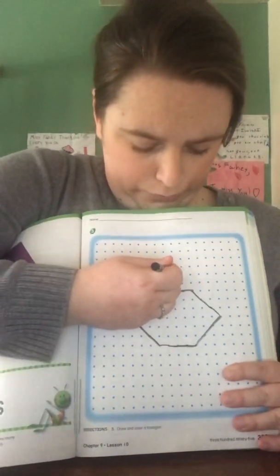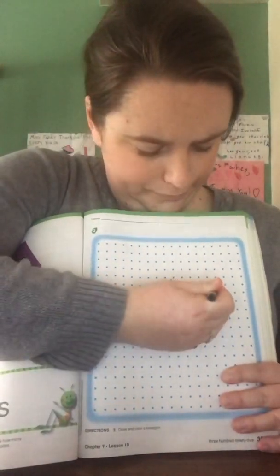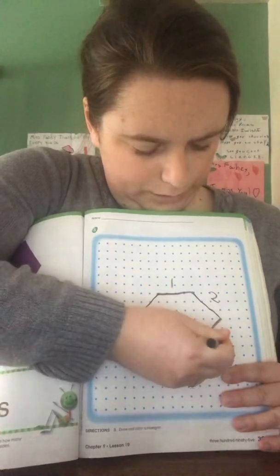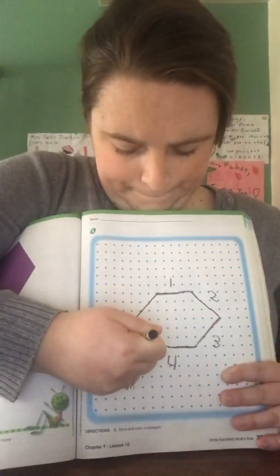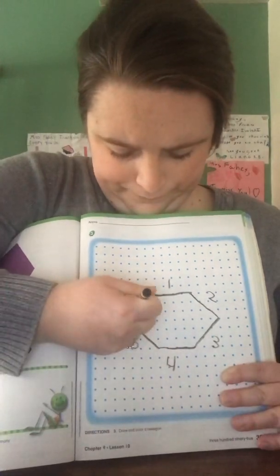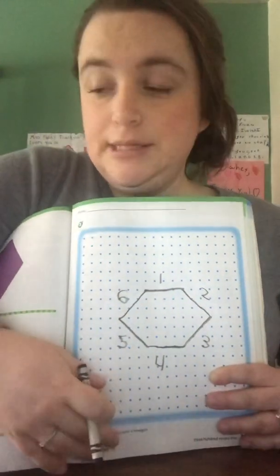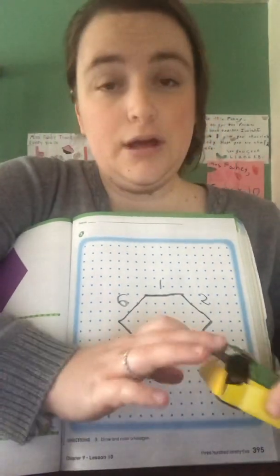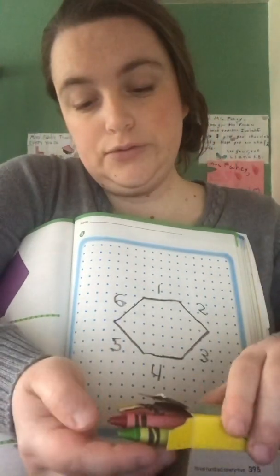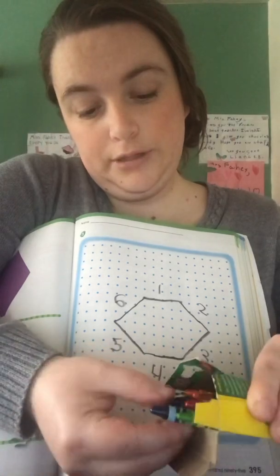I'm going to count 1, 2, 3, 4, 5, 6. I see 6 sides. And then I'm going to use another color so I don't get confused. Maybe I will use green.